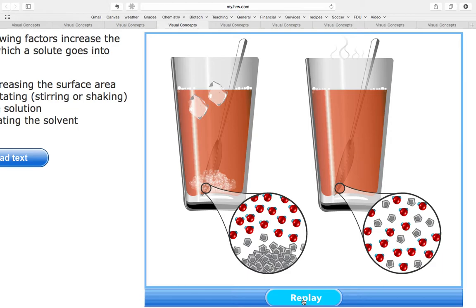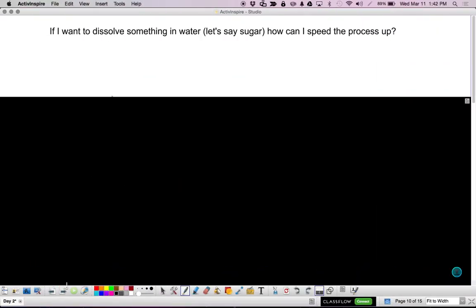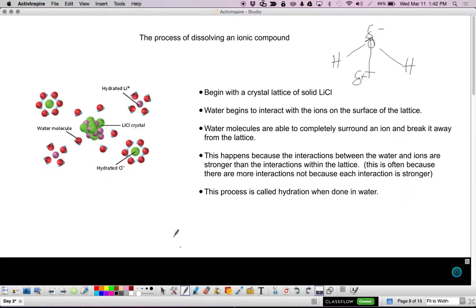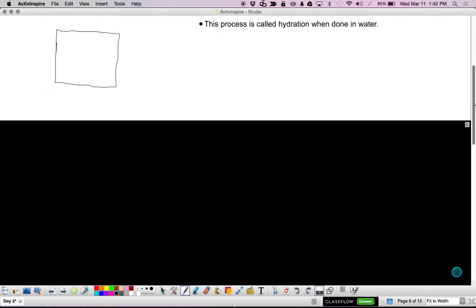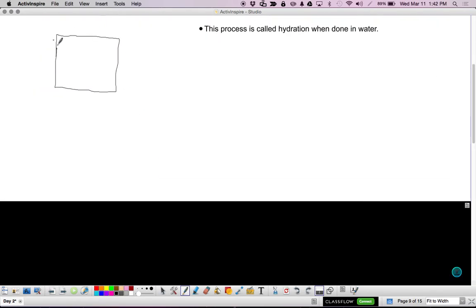So if you increase the surface area of your solid, and I'm going to go back to my diagram here, more water can interact with it. If you have a big square, and let's say that we live on flat world or whatever that thing's called, you have this much surface area.